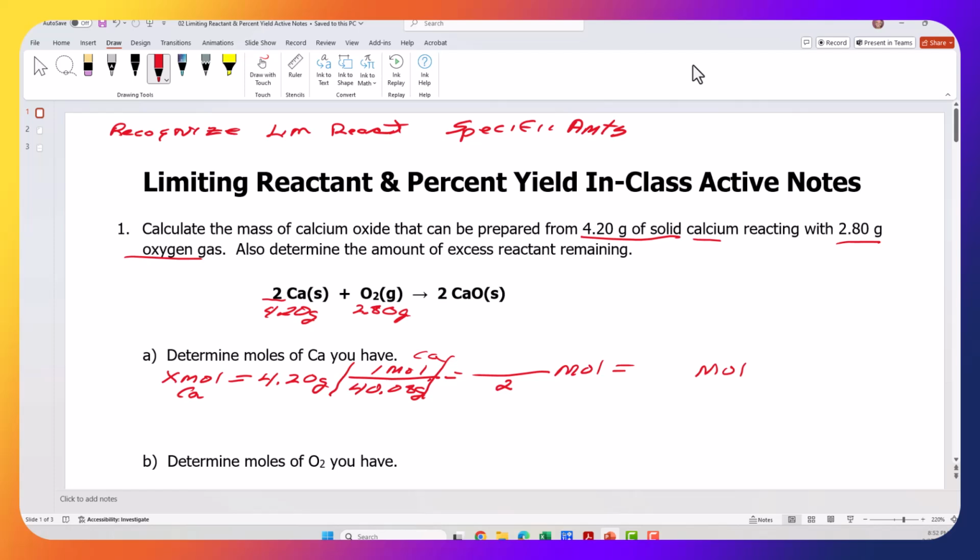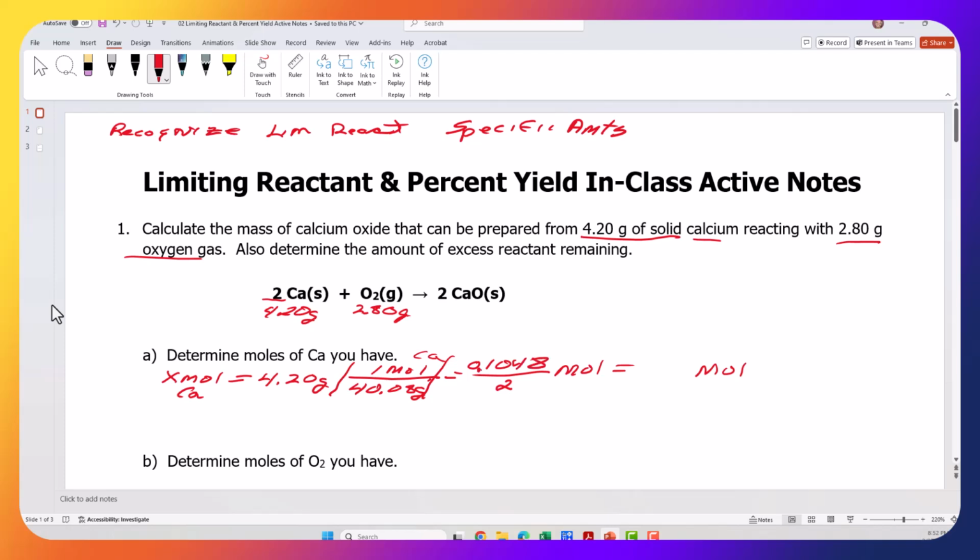So that's 4.2 divided by 40.08. And that gives me 0.10, and I'm going to keep an extra sig fig just for grins: 0.1048 moles.